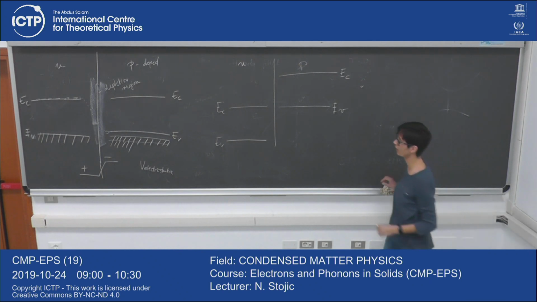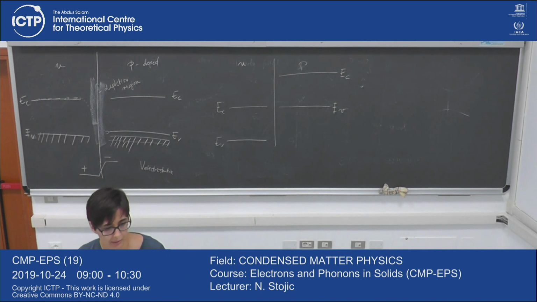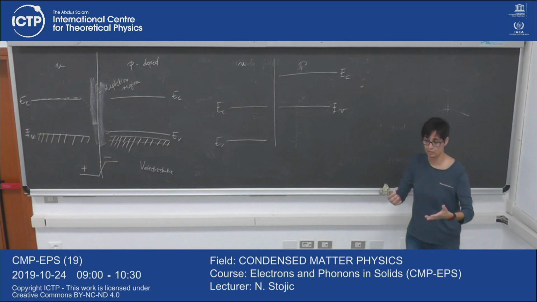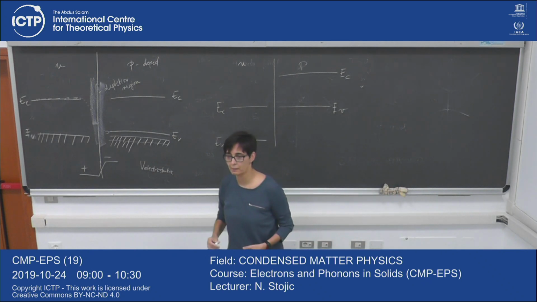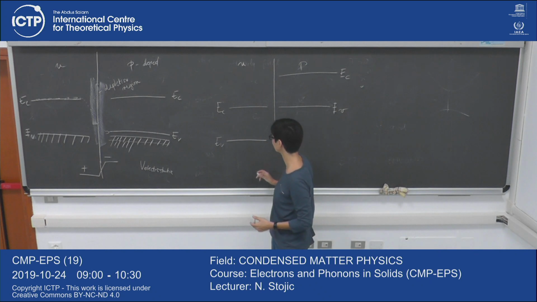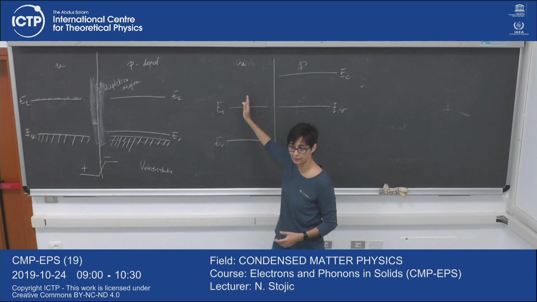Good. At this moment, to get a diode, you know what a diode is. You would apply a voltage over this device. The first voltage will be the negative one to lift this side up.